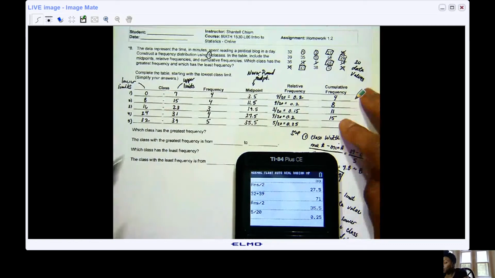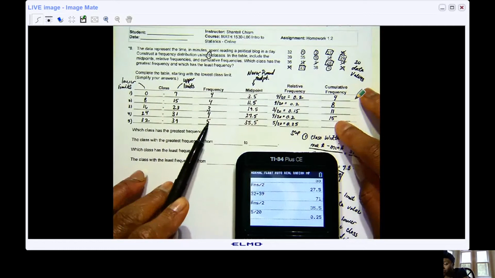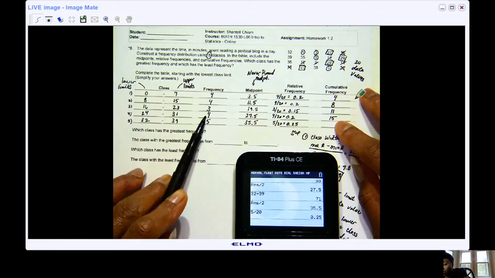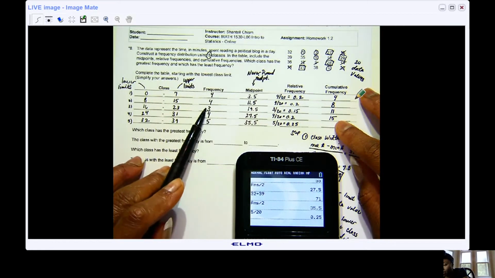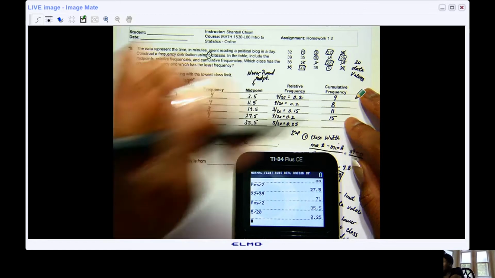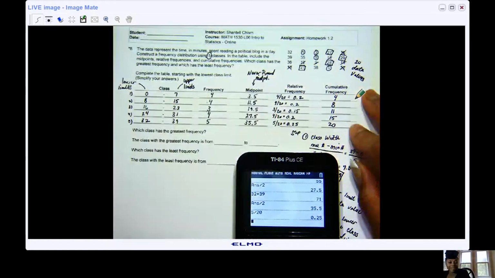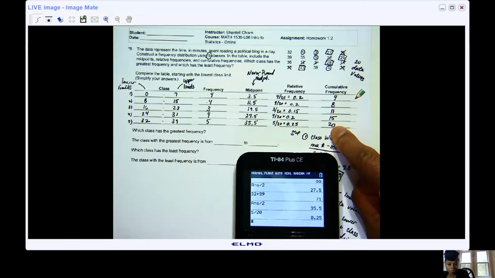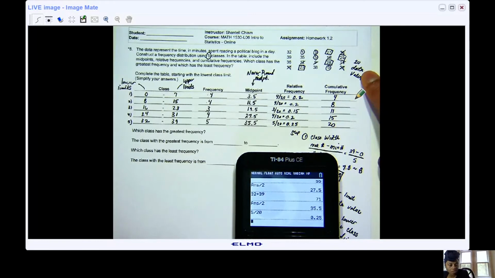And then lastly, the cumulative frequency for this last class would be 5 plus all the frequencies before it. So 5 plus 4 plus 3 plus 4 plus 4, and that gives us 20. That last cumulative frequency should match the 20 total number of data values that you had.